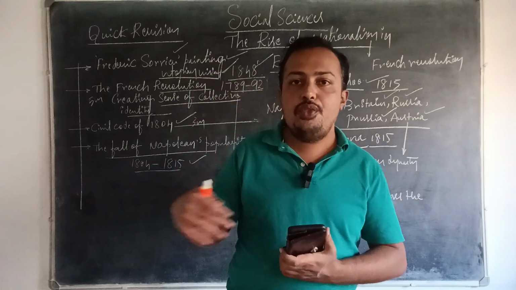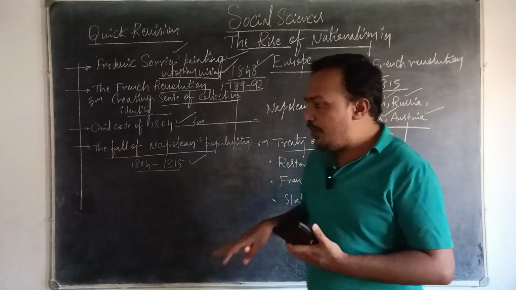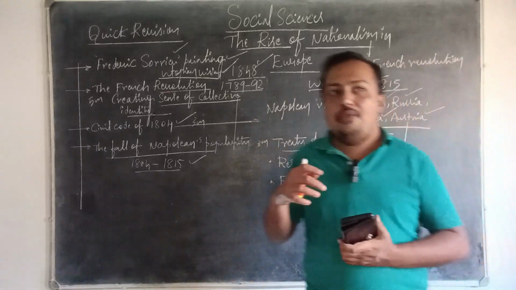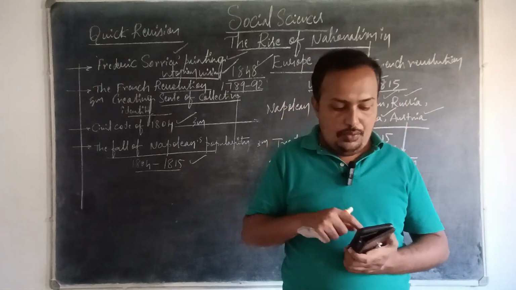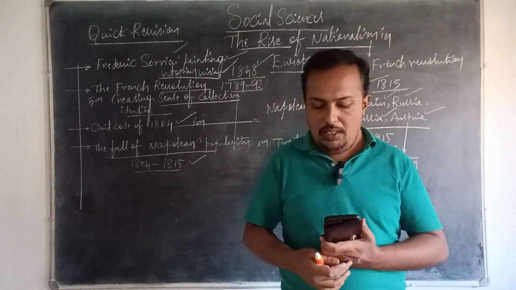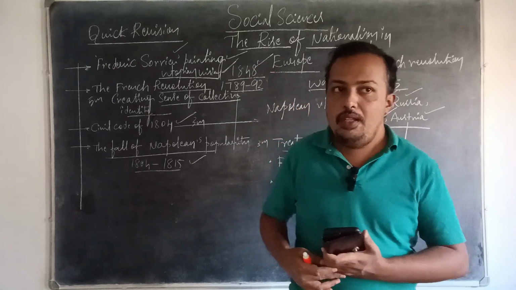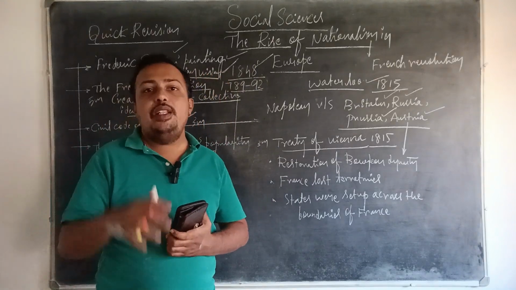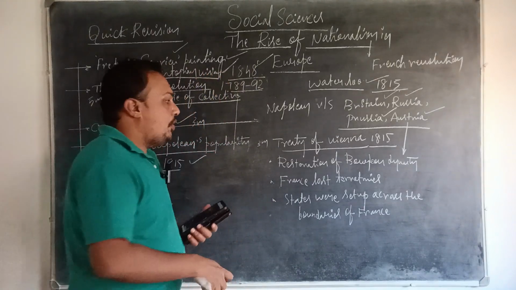So a series of states were created across the boundaries of France to avoid France expanding in the future, and monarchies which were overthrown by Napoleon were restored. So monarchies who lost their powers during the times of Napoleon were restored.